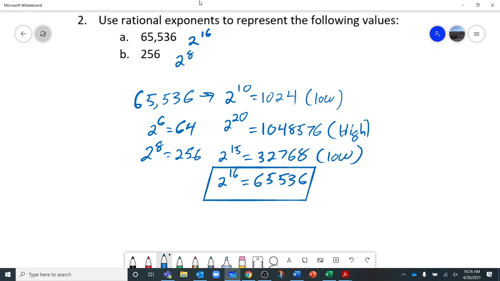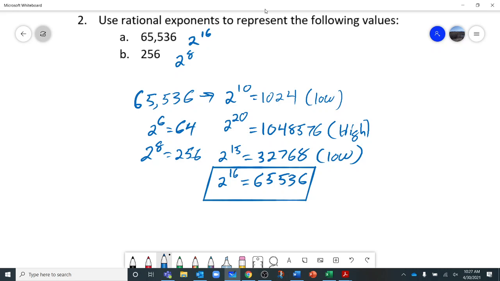I'm trying to think of other hints that I could give you for this. 256 actually goes into 65,536. In fact, 256 squared is 65,536.